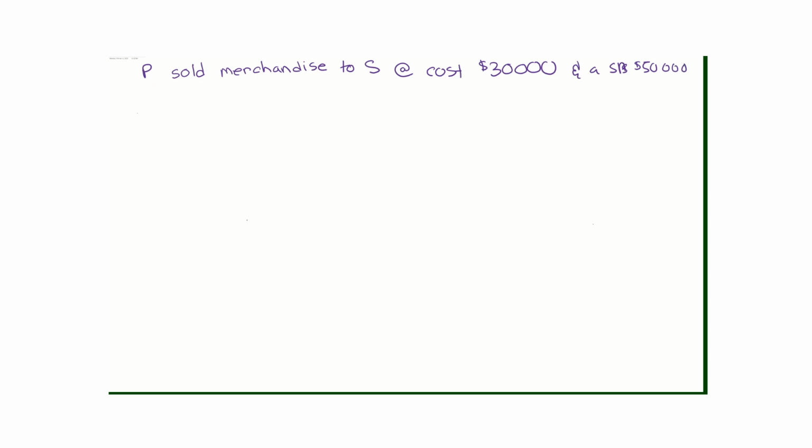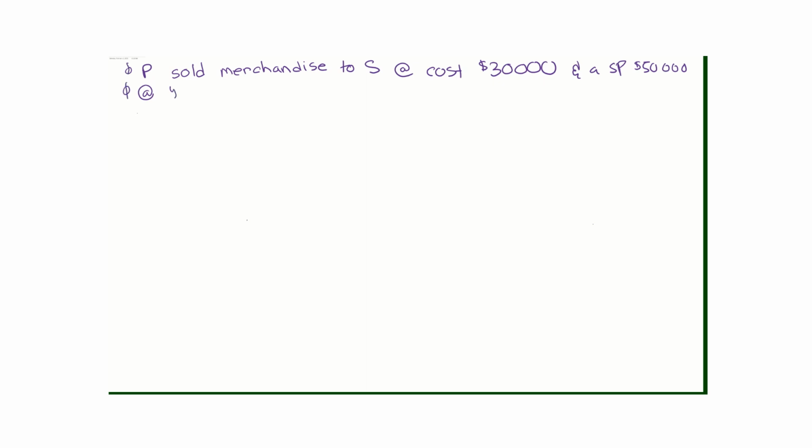What that means is that the merchandise that P sold to S was valued at $50,000, but the actual cost of the merchandise was $30,000. At year end, so that's part one.